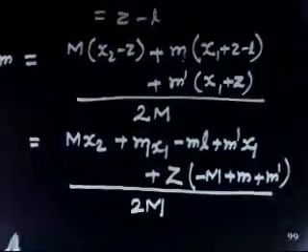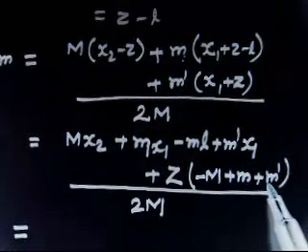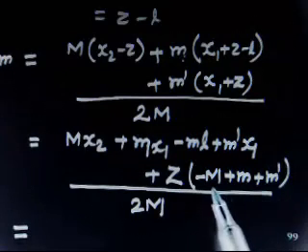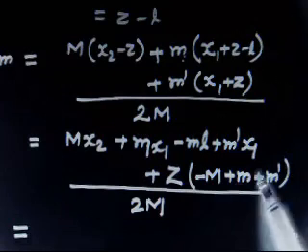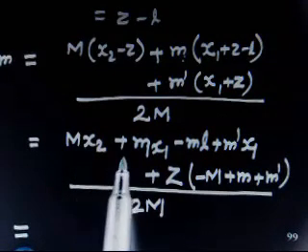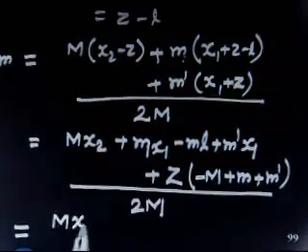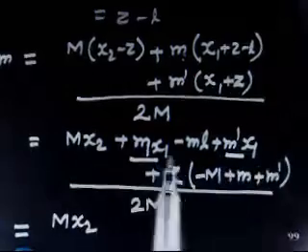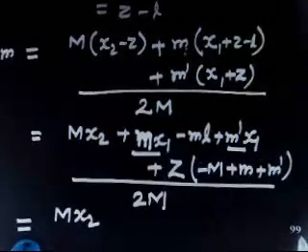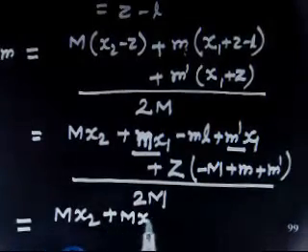If you simplify this equation, this is equal to 0 because m plus m dash is equal to capital M. So m dash plus m is capital M, minus capital M, so this is equal to 0. This term is 0. So I will have mx2, and if I take x1 common, this will have m plus m dash, that is basically capital M. So this becomes M into x1.